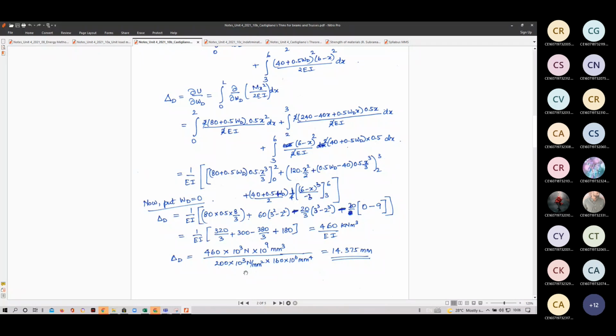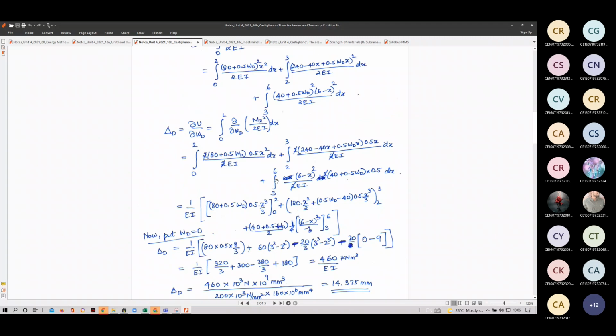Now you finally substitute EI. Remember, don't make mistakes with units. Now this is in kilonewton meter cube after integration. How is that so? Because moment is kilonewton meter.